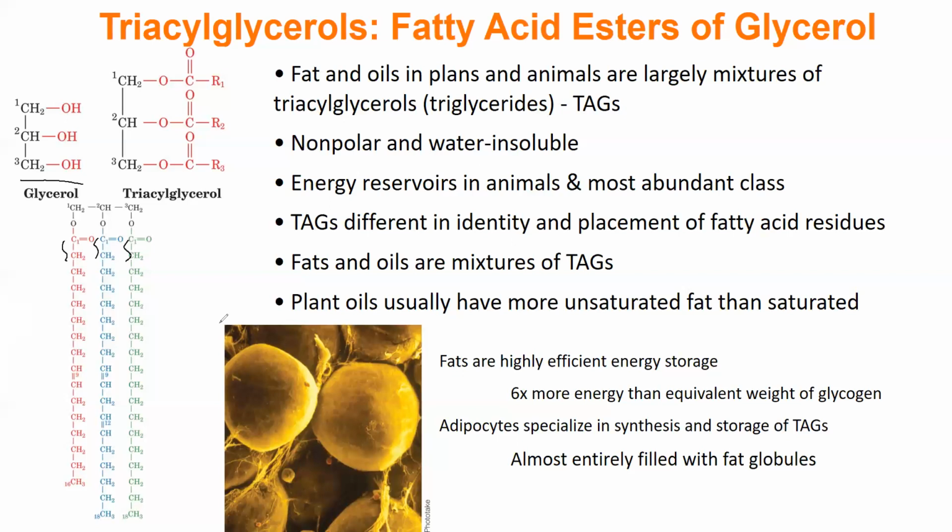The reason why olive oil is a liquid is because it has more unsaturated fatty acids than lard does, which has a lot more saturated fatty acids. And when you just look at the health aspect of it, unsaturated fatty acids are generally better for humans to eat than saturated fatty acids. So that's our triacylglycerols there. They are energy storage in these adipocytes.